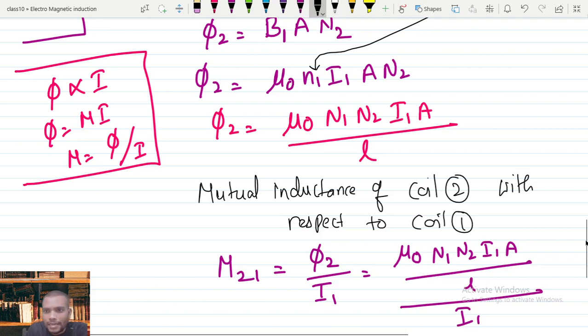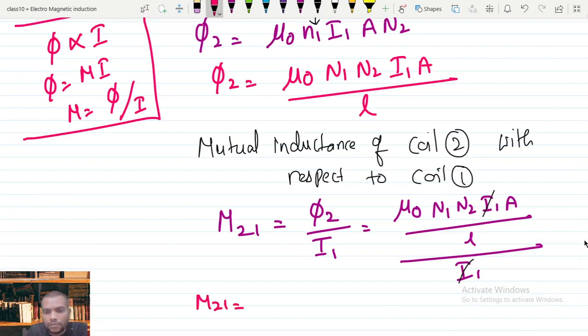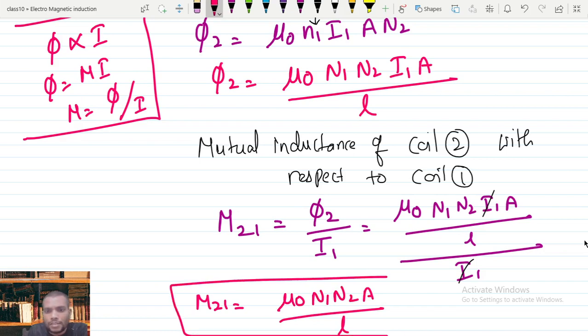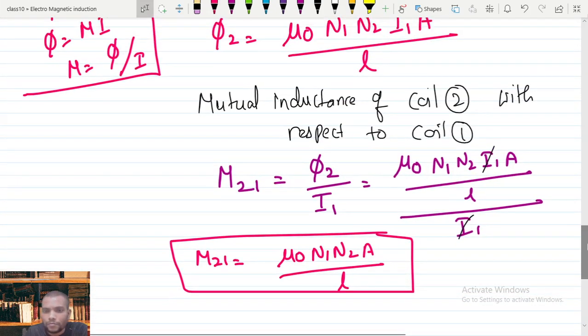Now if you cancel I1 and I1, I get this expression: M21 equal to mu naught times N1 N2 A upon L. So this is the mutual inductance of coil 2 with respect to coil 1.